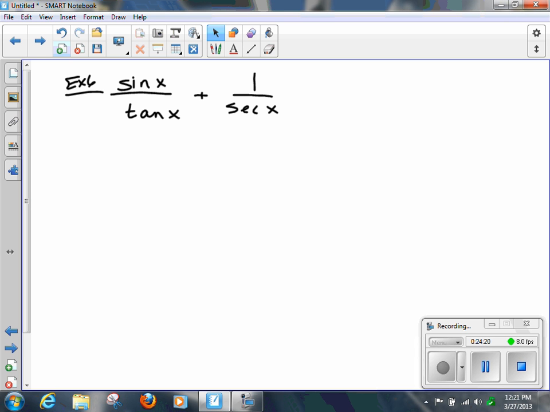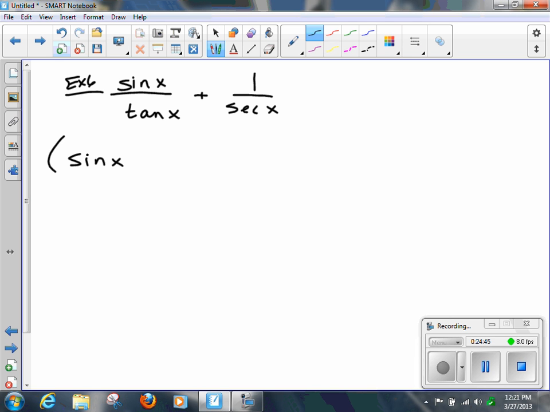Thanks, Jansen. All right, look at this one. Coolness right here. Ooh, got a whole bunch of stuff going on here. Sine over tangent plus 1 over secant. Here's what I would suggest: going old school on this first piece.